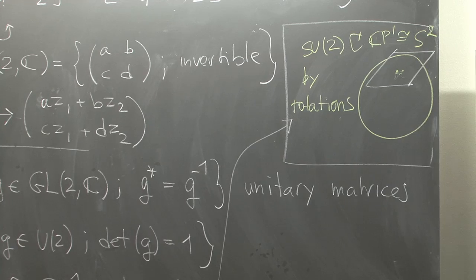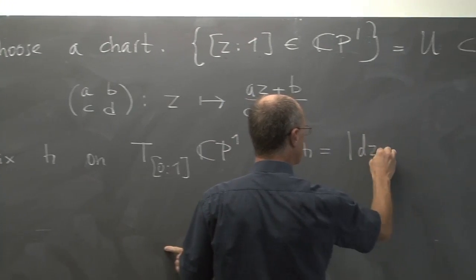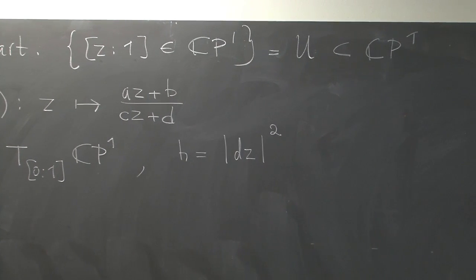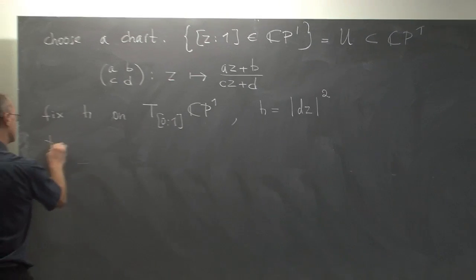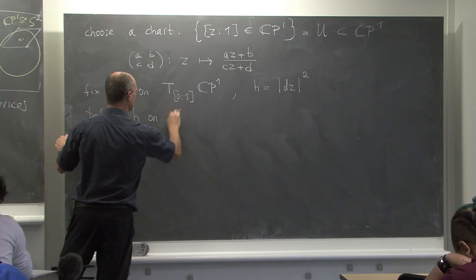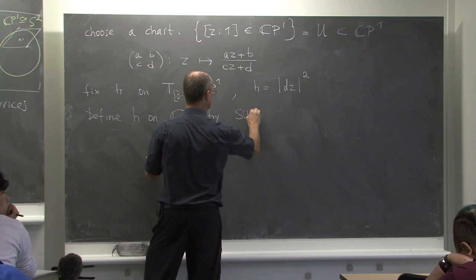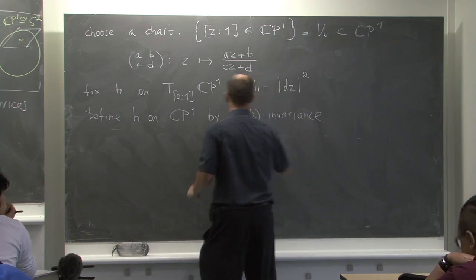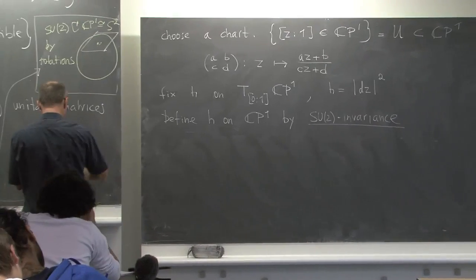And let's fix H to be simply the absolute value of dz squared, right? And then define H on all of CP1 by SU2 invariance, right? So let's require the following.